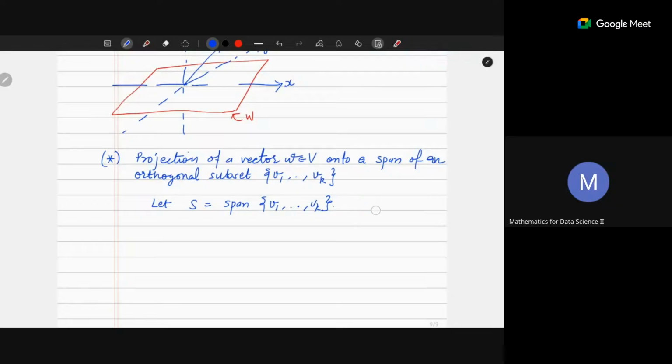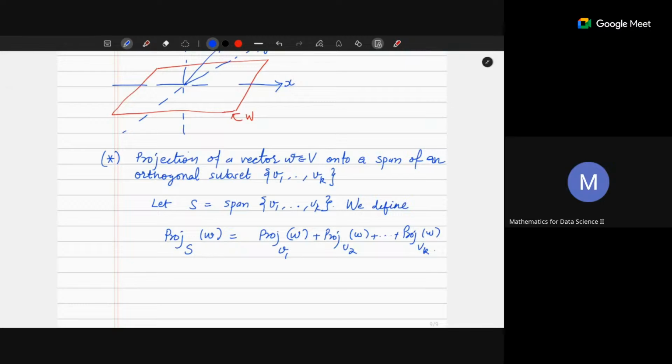Then we define the projection of W onto the span of these vectors to be the projection of W with V1, plus the projection of W with V2, up to the projection of W with Vk.